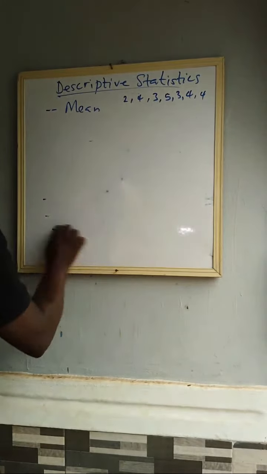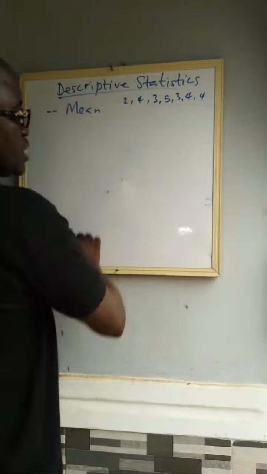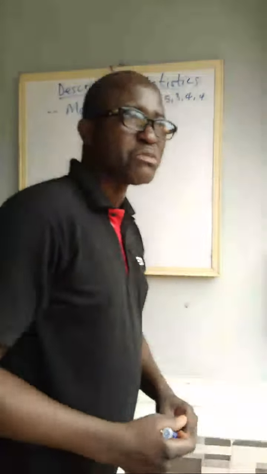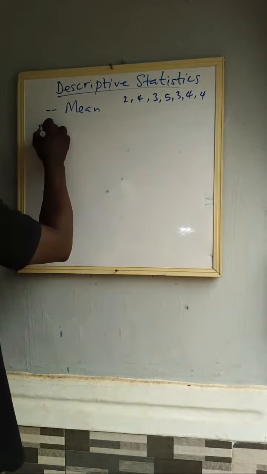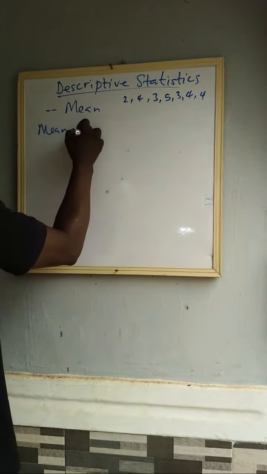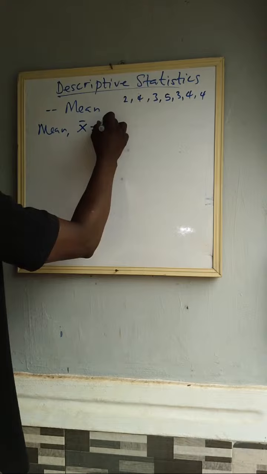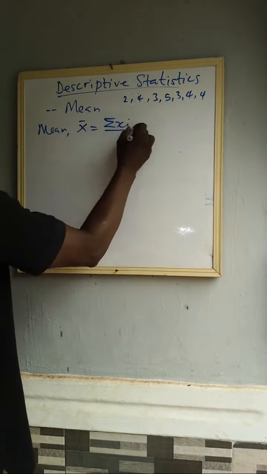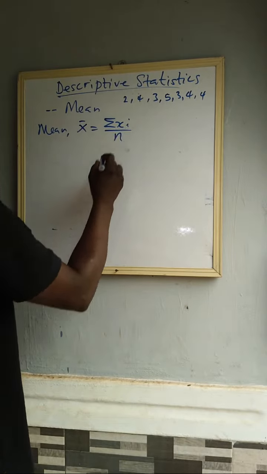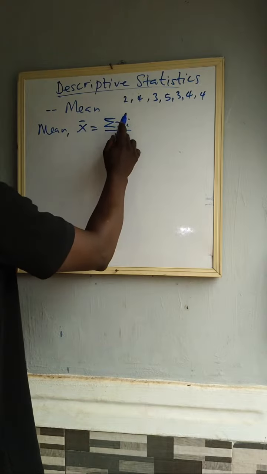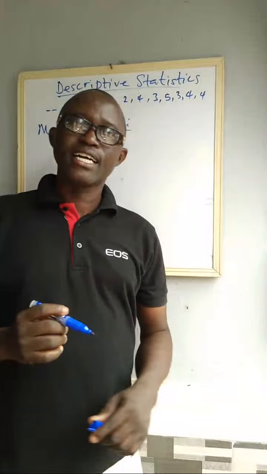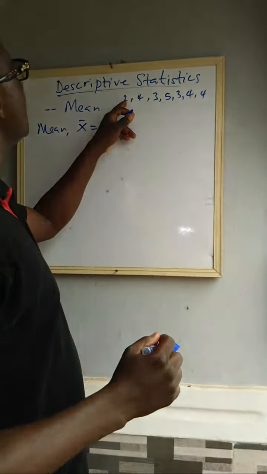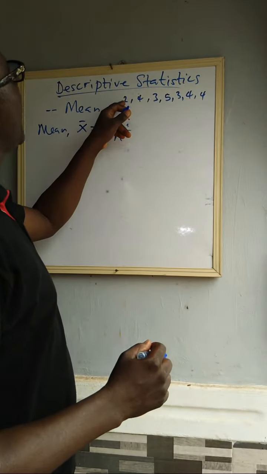In statistics, the formula for calculating mean, which is actually the average, is x bar equals summation xi divided by n. Xi is each item of this data. This is the first position, you can call this one x1.